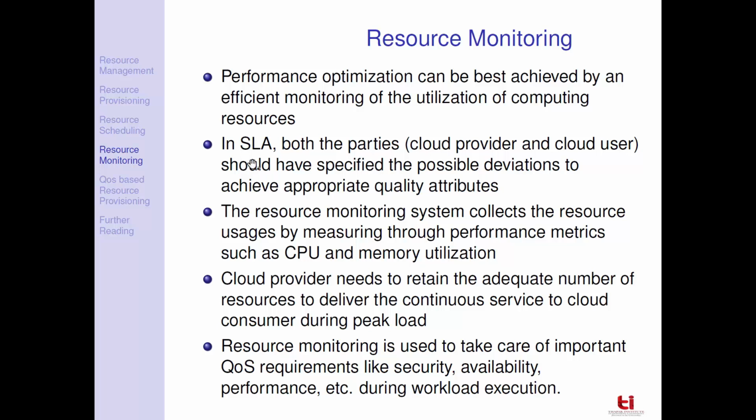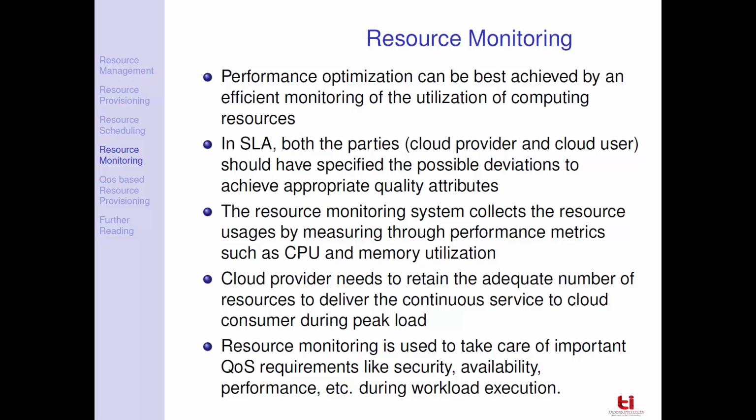In the SLA, both cloud provider and cloud user specify how many times it can deviate. So if I say that the availability of a particular service should be this much, it might be possible that it is not available, maybe for a couple of seconds or milliseconds.